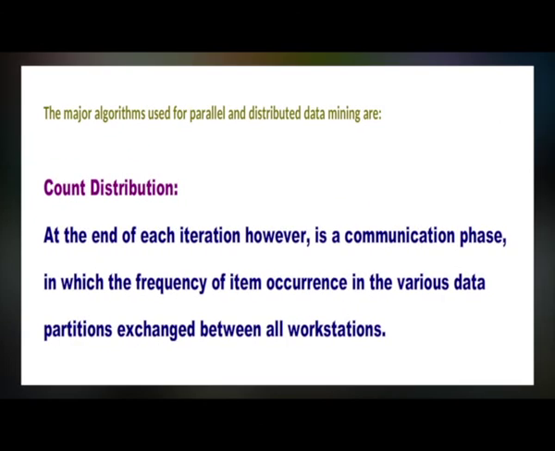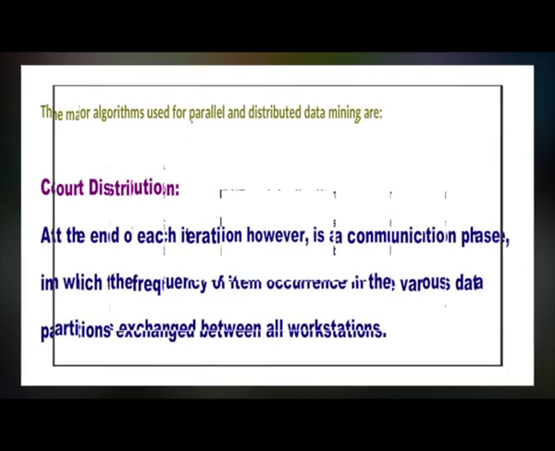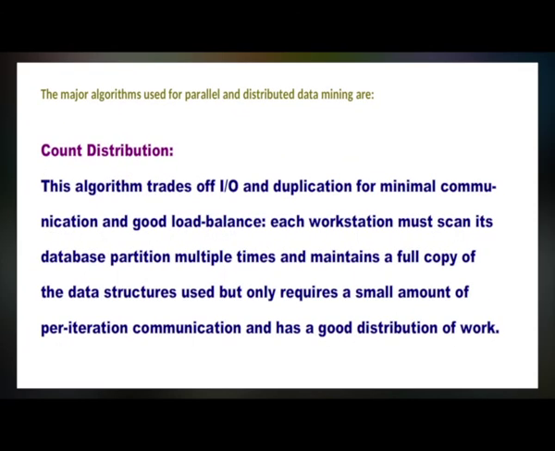At the end of each iteration, there is a communication phase, in which the frequency of item occurrence in the various data partitions is exchanged between all the workstations. Hence, this algorithm trades off I/O and duplication for minimal communication and good load balance.